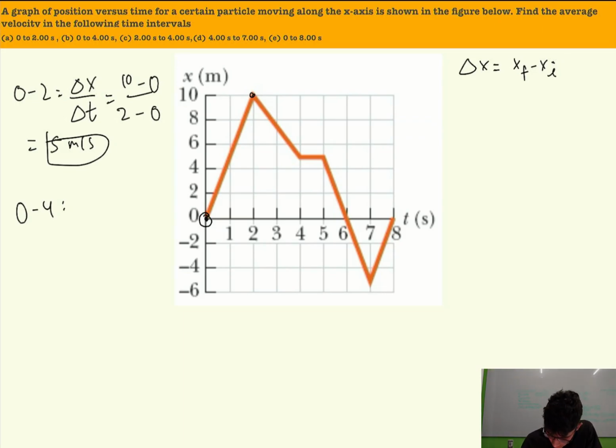Where is he? He's at 0. For the final, we look on the chart at 4, and he's at 5. So what's the total time? 4 minus 0. I think it's 1.25.